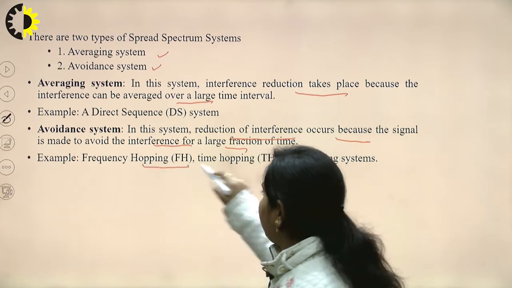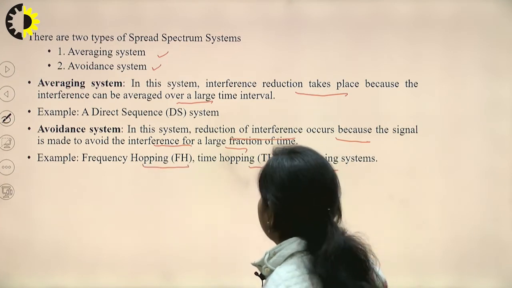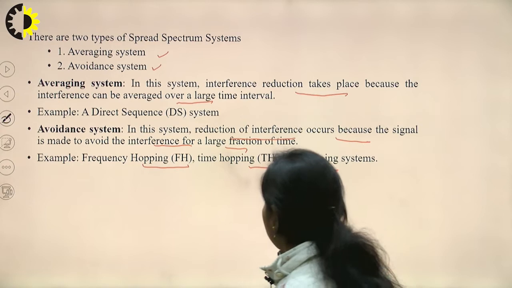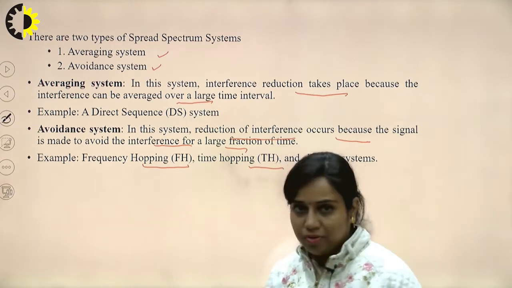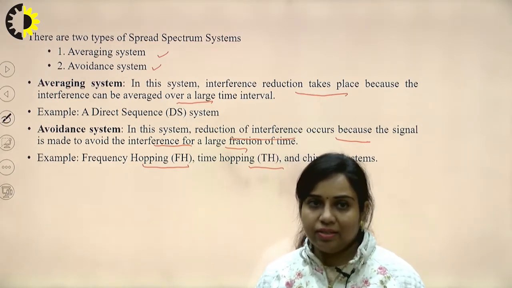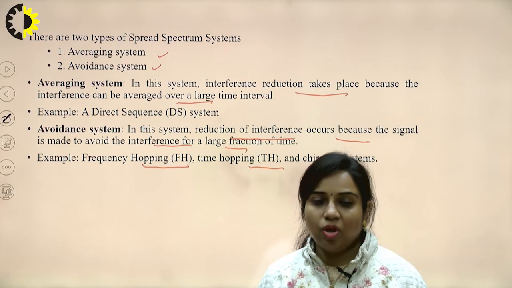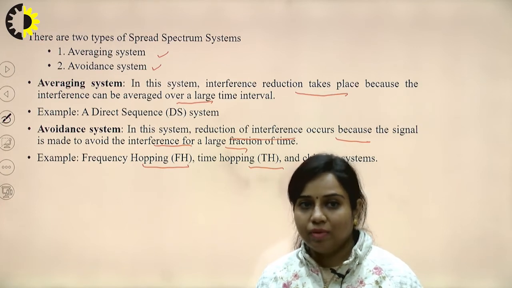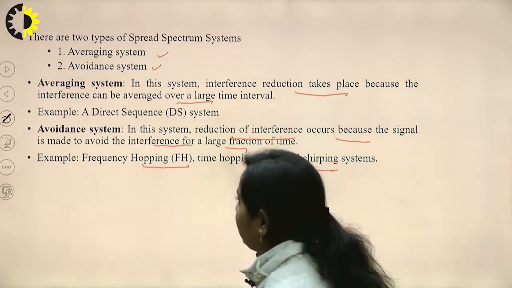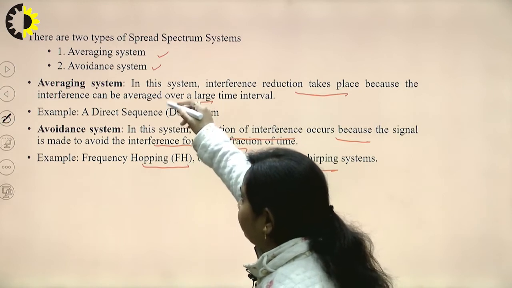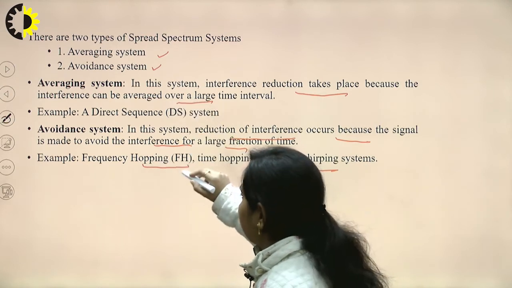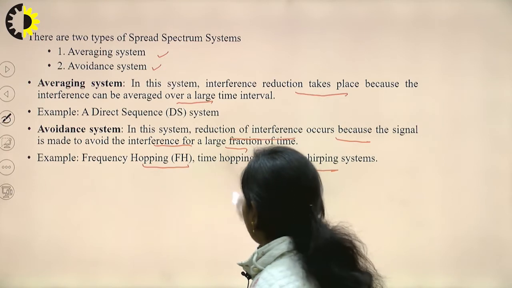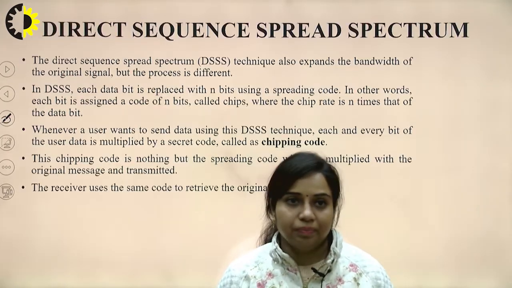So there are frequency hopping, time hopping, and chirping systems. There are four different types of SS modulation: direct sequence, frequency hopping, time hopping, and a hybrid system. Direct sequence is a part of the averaging system, and the avoidance system includes frequency hopping, time hopping, and chirping systems.